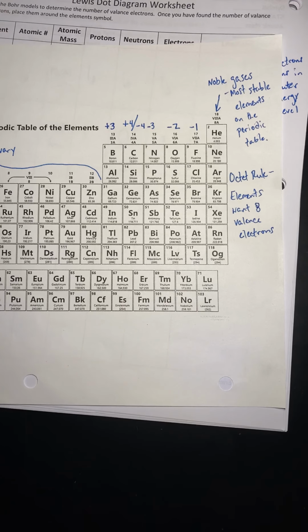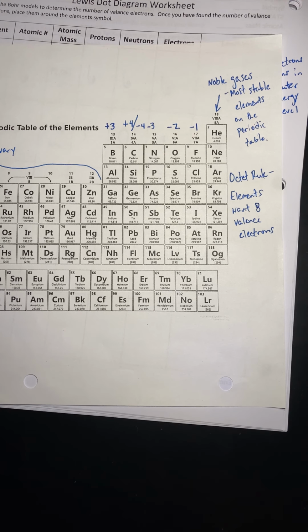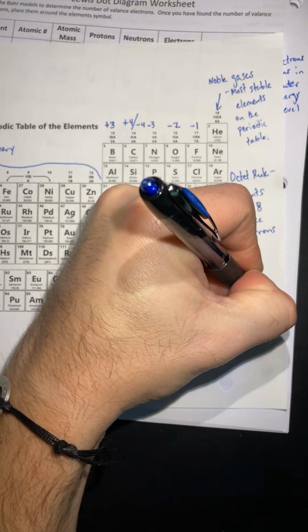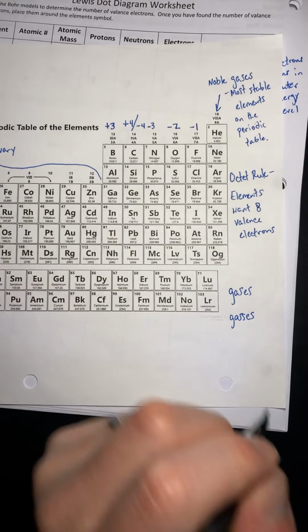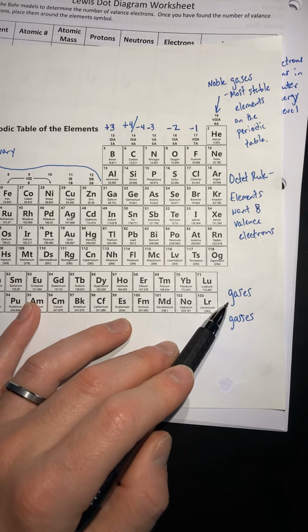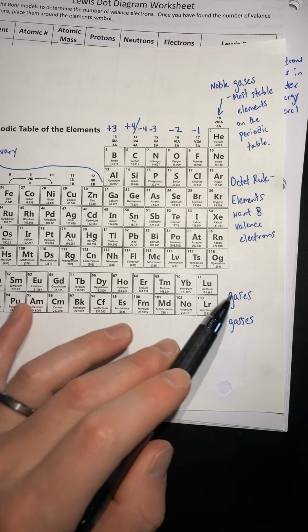All right, here's a fun English fact for you. Did you know that there's two ways to spell the word gases? There's G-A-S-E-S and there's G-A-S-S-E-S. Does anybody know the difference? This is the plural form of gases.